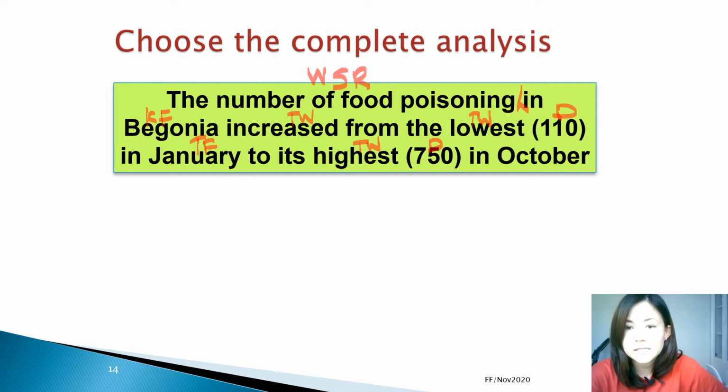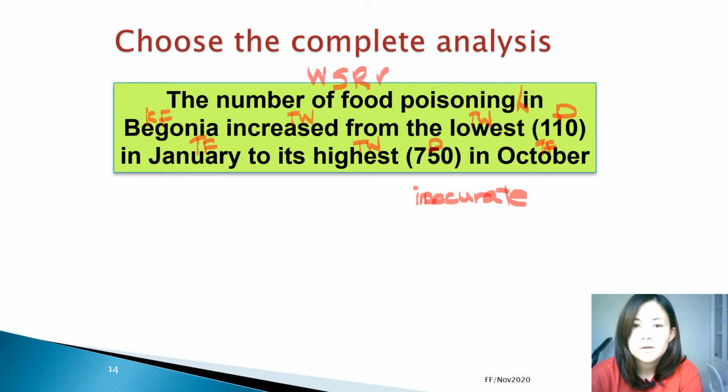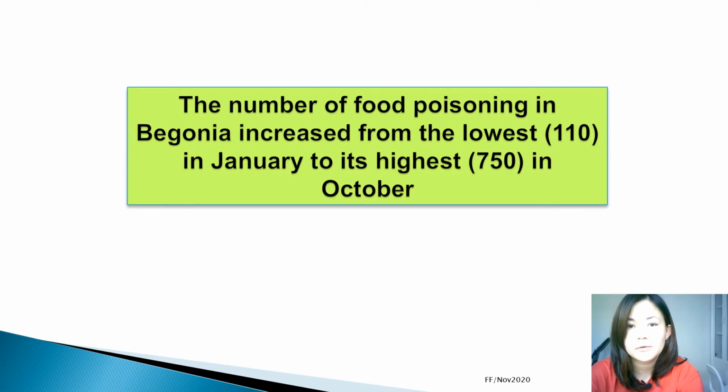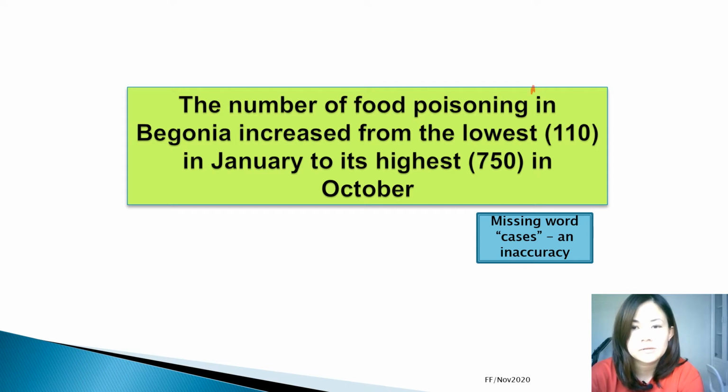The whole sentence here is inaccurate because of the wrong subject reference. Be very careful. Missing word, cases, inaccuracy. Wrong subject reference leads to inaccuracy.